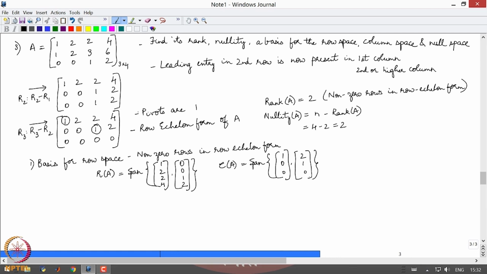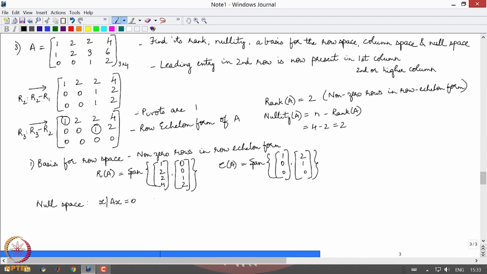Okay. So, now going to the null space. How do we find a basis for the null space? The definition of the null space says all x such that Ax should be 0.